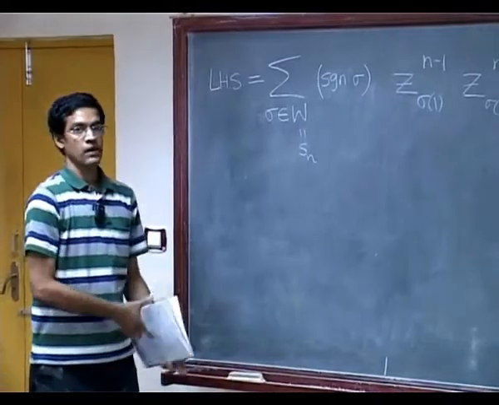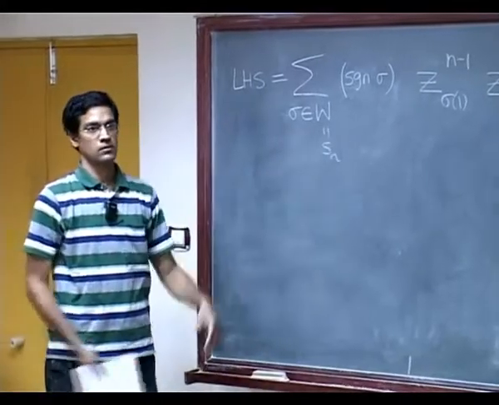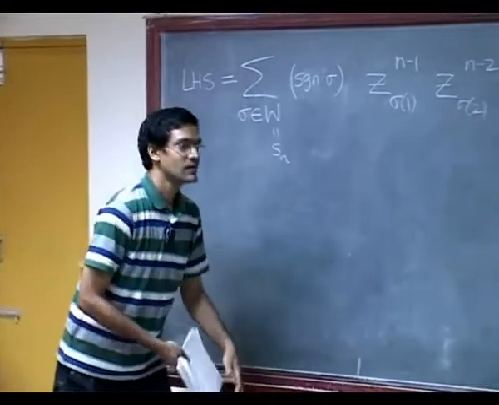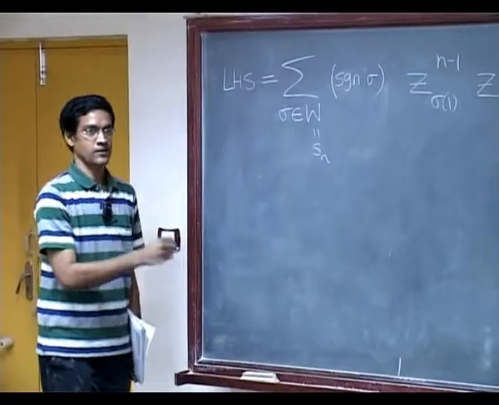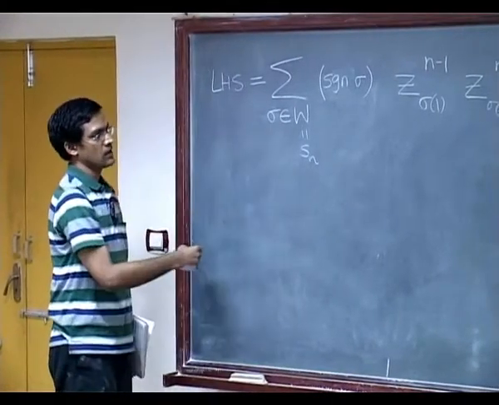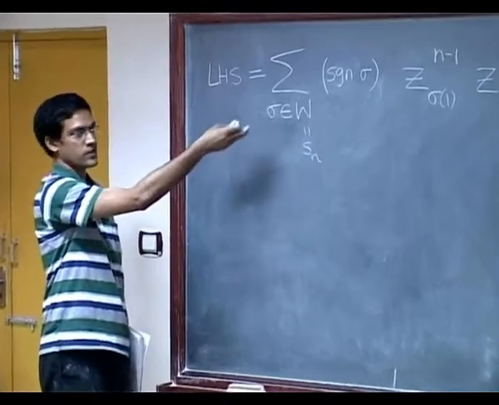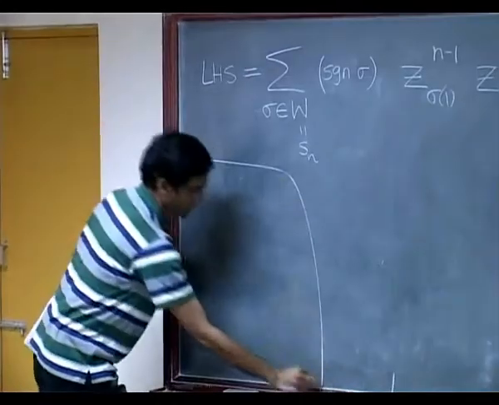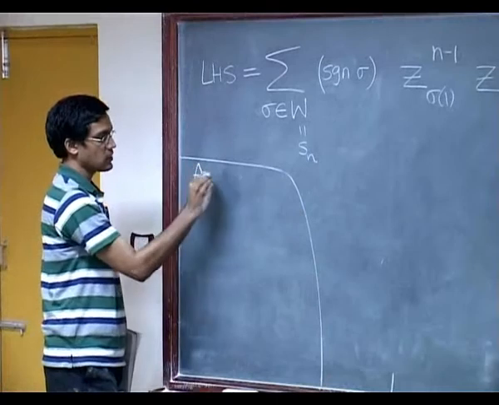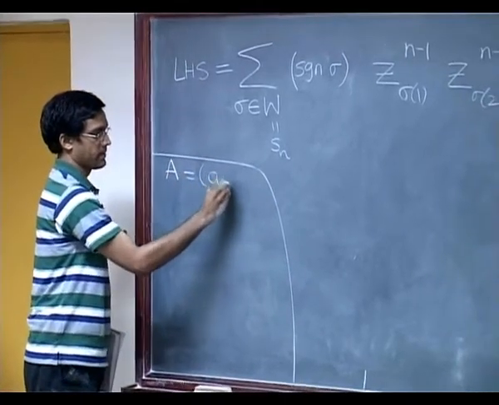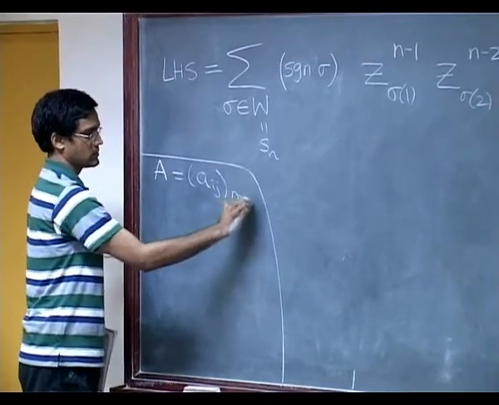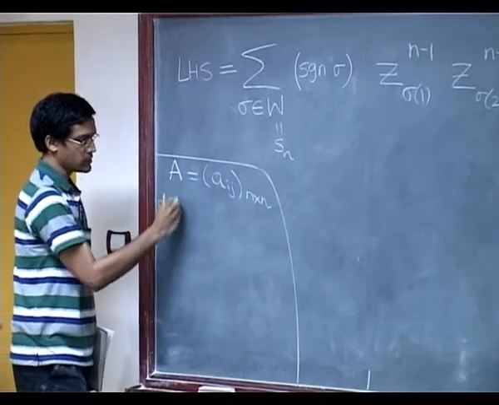Now here's a question: where have you seen expressions like these before? This is a determinant. If you see this right-hand side and ask yourself what expression this is: recall, if A is an n cross n matrix, how do you compute its determinant?